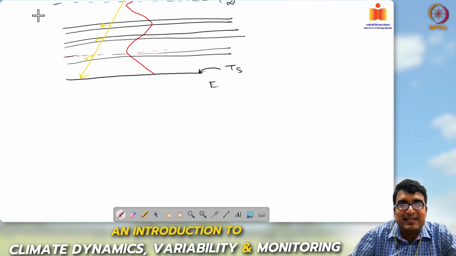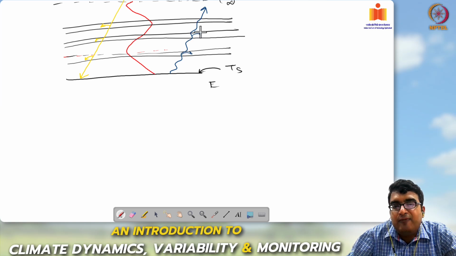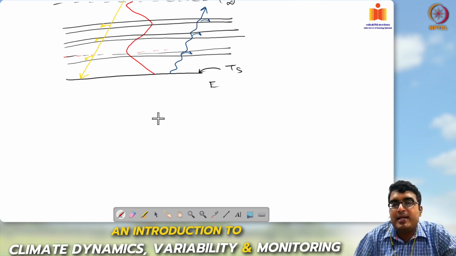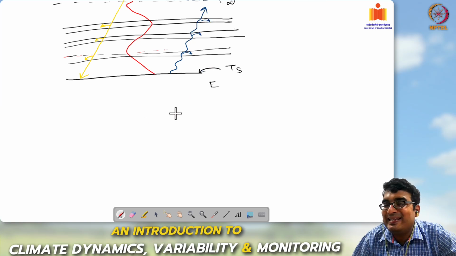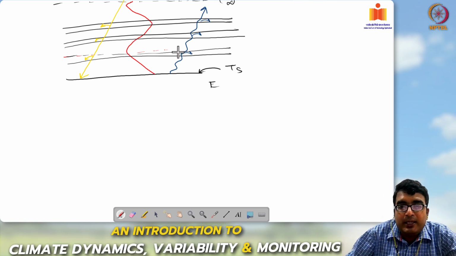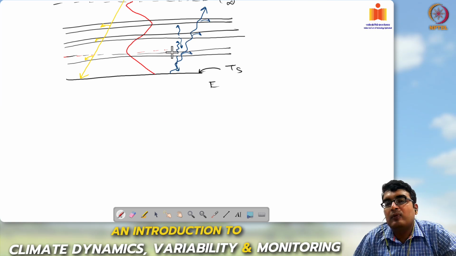Similarly, as terrestrial radiation, let's call it blue, goes out into space, a certain part of that radiation, and in fact cumulatively most of this radiation, will get absorbed by the very same layers. But in return, they will also themselves be emitting radiation to the top and the bottom layers in their neighborhood, which in turn will be absorbed and again partly re-emitted back.